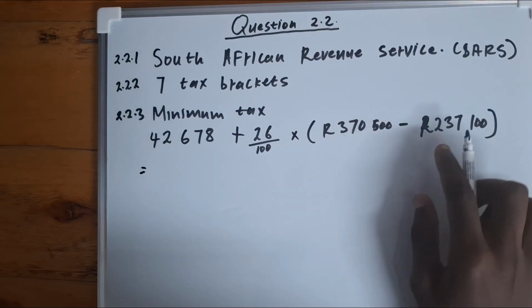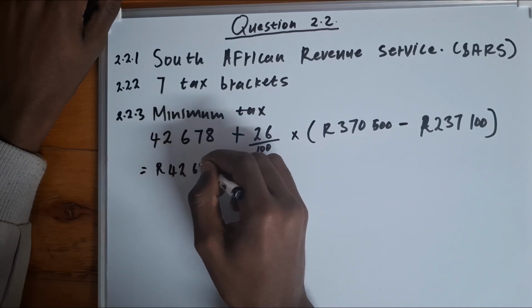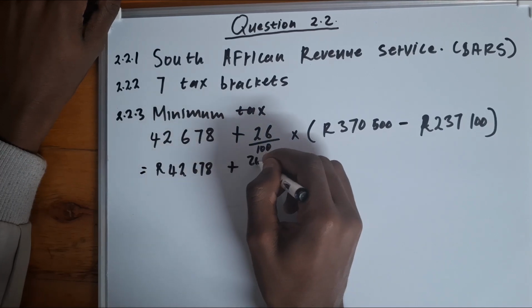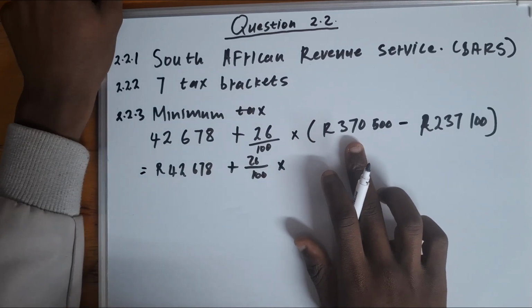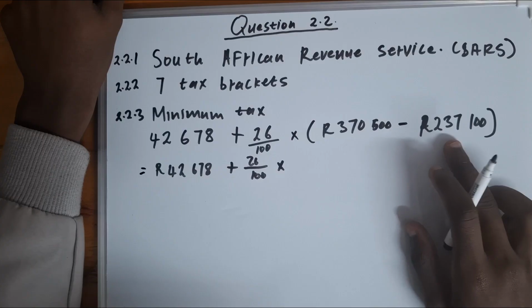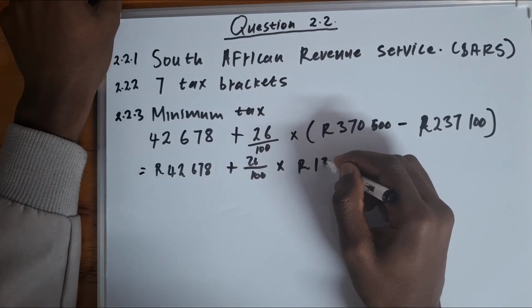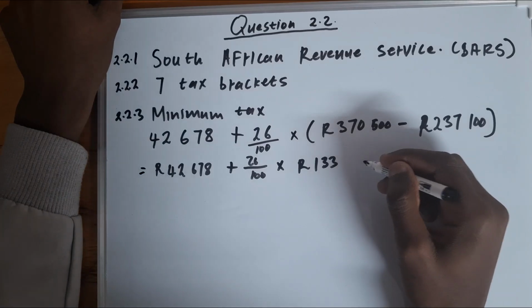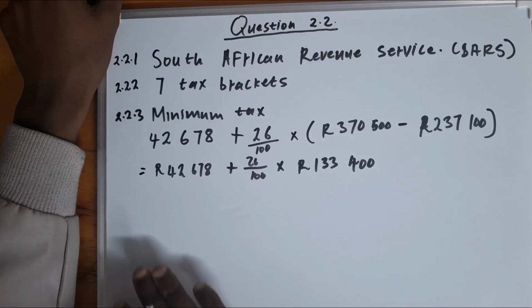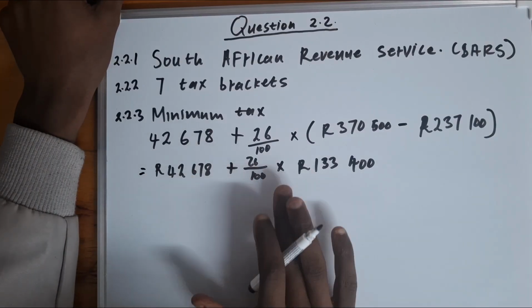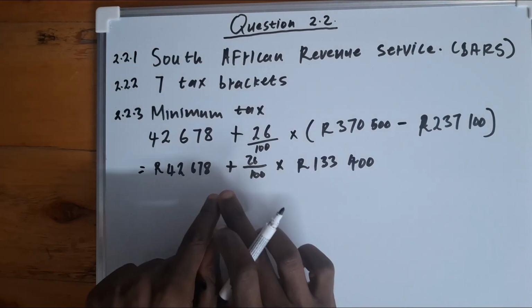We're firstly gonna write this 42,678 plus 26 over 100 multiplied by 370,500 minus 237,100. It gives us an amount of 133,400. So then from here we focus on the multiplication, because multiplications come first before addition.